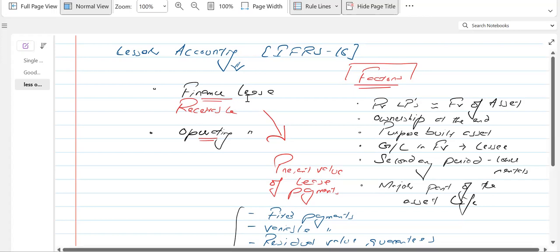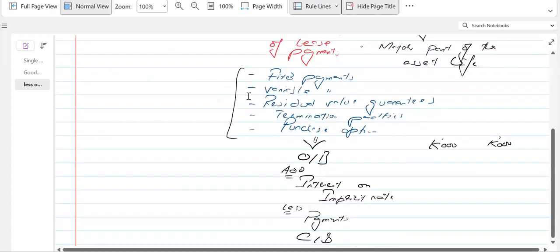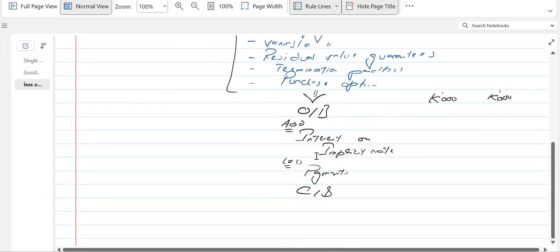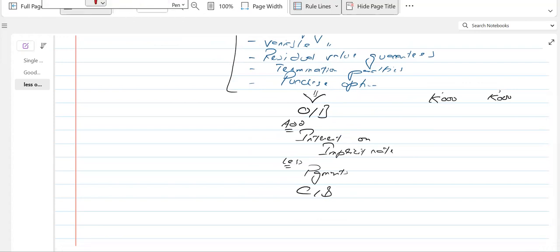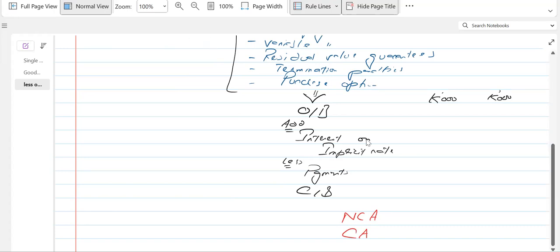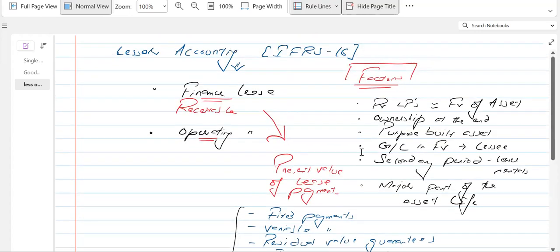If you do the opposite of the working of the lease obligation, it becomes the lessor accounting for the finance lease. The same payments with the present value give the opening balance, and we do an extra year working in order to split the asset, because we have the asset, between the non-current asset and the current asset. The next year balance will be the non-current asset, and the difference between these two balances will be the current asset. So this is the treatment for the finance lease.